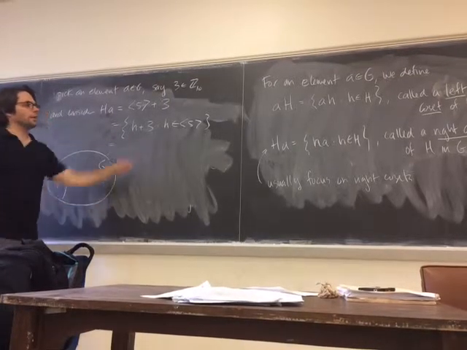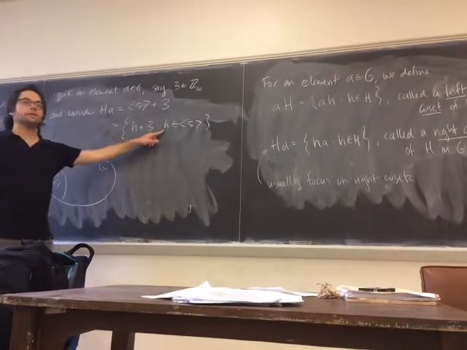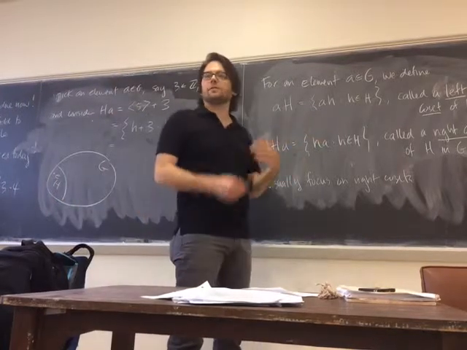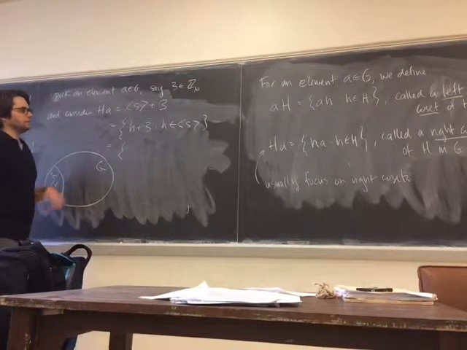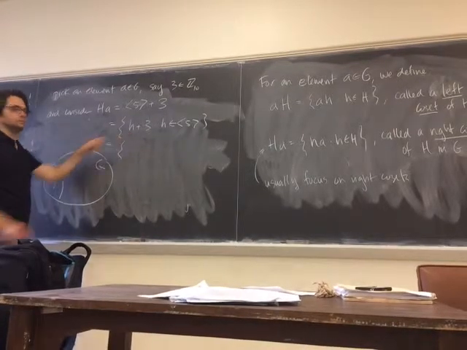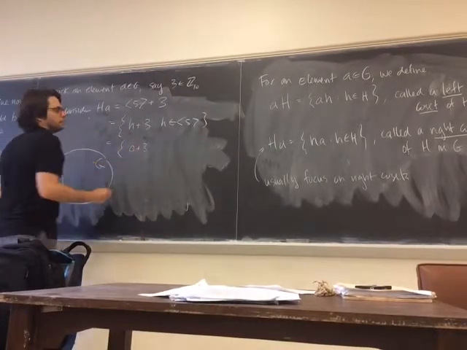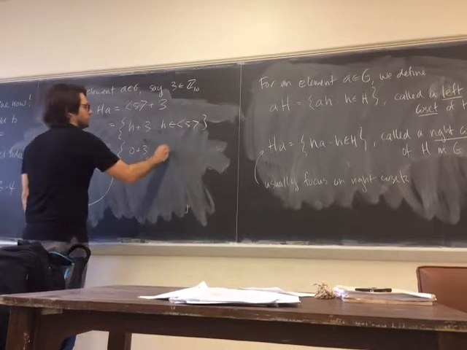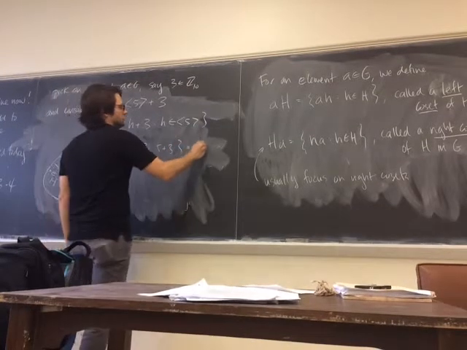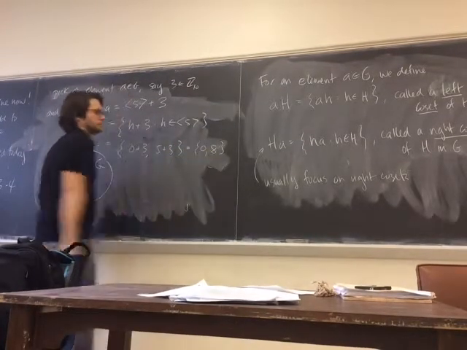So what is this thing? Well, what are the elements of H? It's just 0 and 5. Okay, so what does this set consist of? I can take 0 plus 3, or I can take 5 plus 3. Okay, well, what is that? That's 3 and 8. That's the coset.